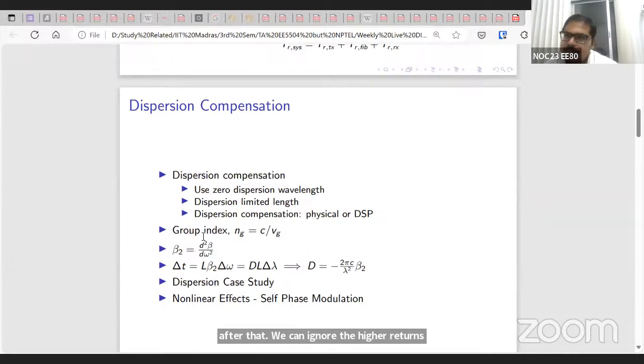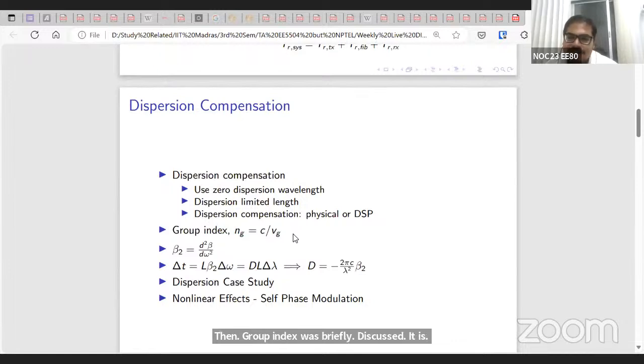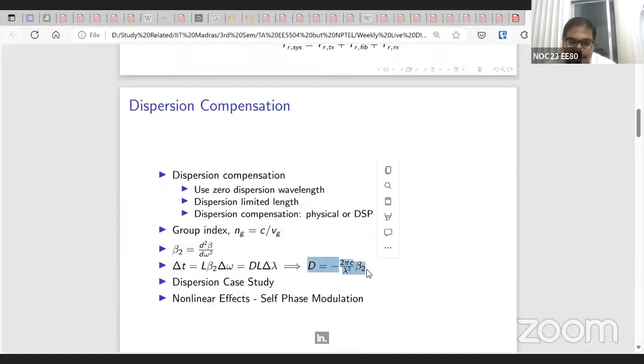Then group index was briefly discussed. That is just related to group velocity, relating c to group velocity. Then D and beta 2, how they are related, was shown.